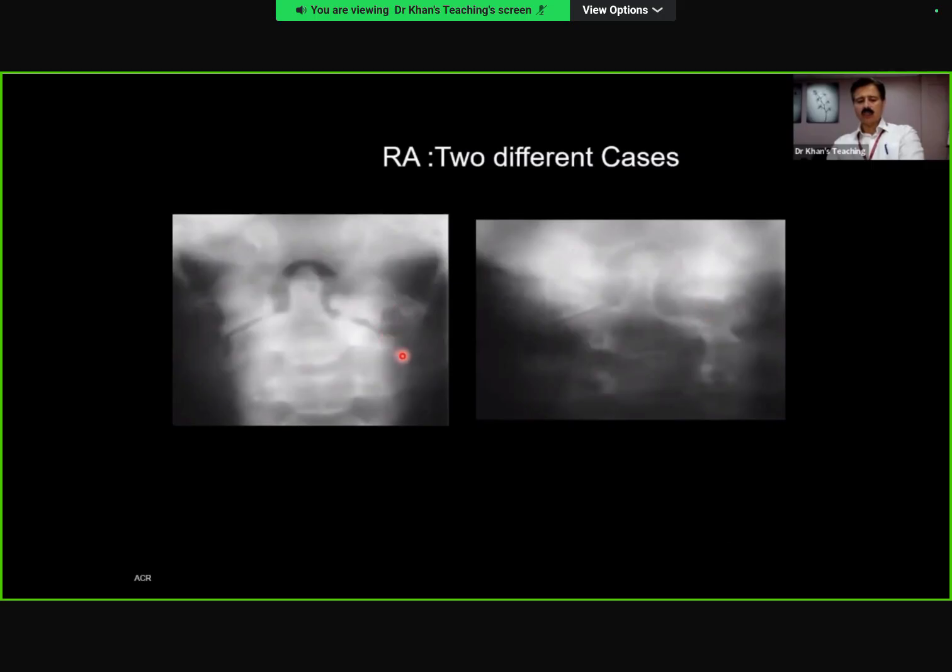And look at these two examples. Here, on the left side, you can see that the lateral mass is slightly eroded. In another example, you can see more erosion of the lateral mass. Look at this, and then look at this dens, which has got erosions, and even here there is a bit of erosion.